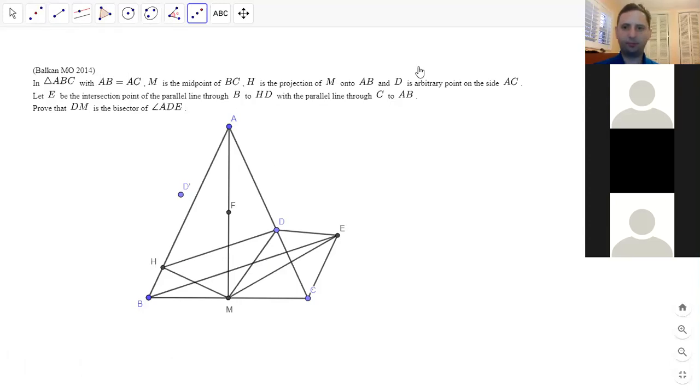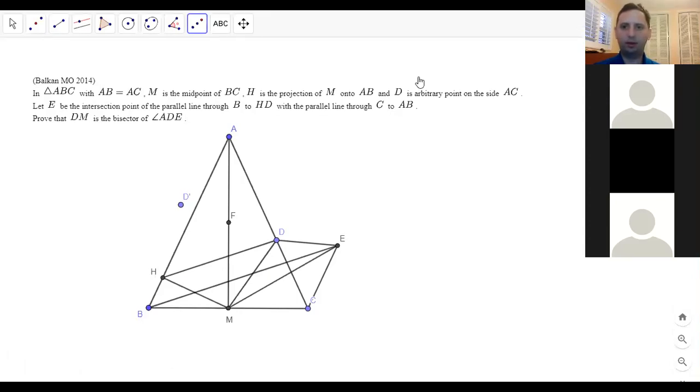So, yeah, ADM. D should be the HM point of AME. Oh, really? Yes. Well, that would be true if the angle conditions were true. Okay.